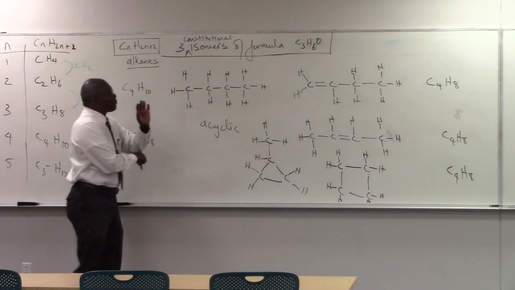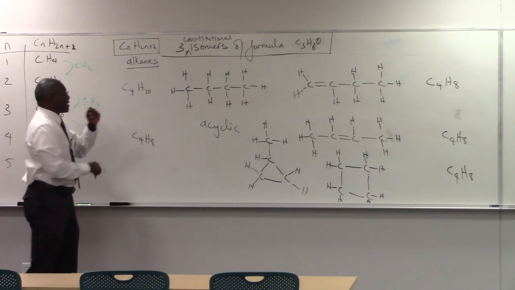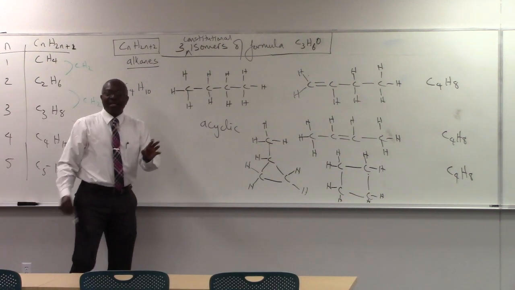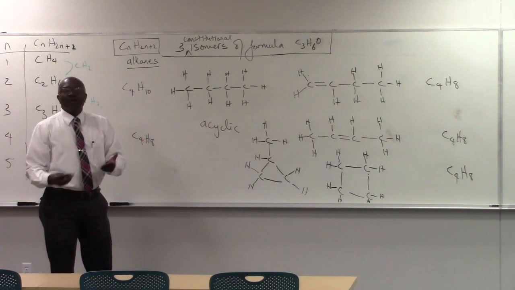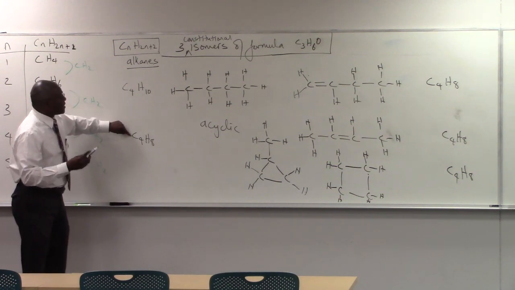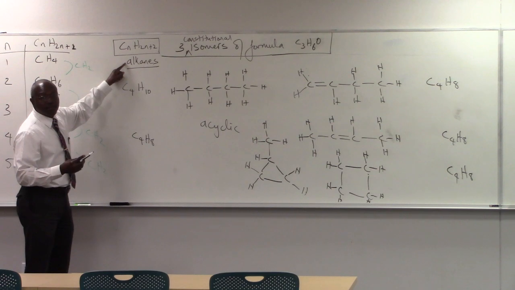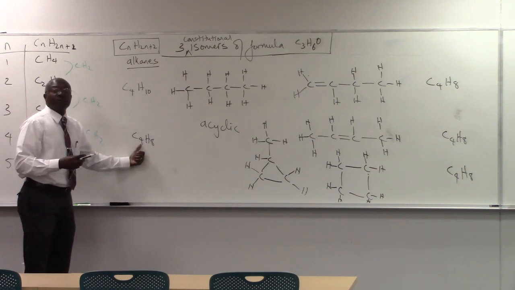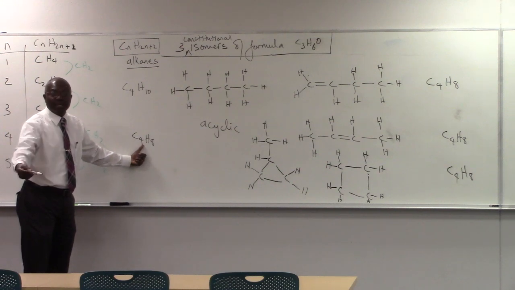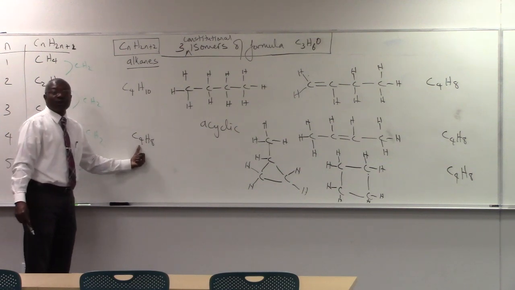So what I would do, if you gave me this formula, C4H8, and said draw isomers of it, the first thing I would do is say, fine, I want to get the formula of the corresponding alkane, the alkane with the same number of carbons.